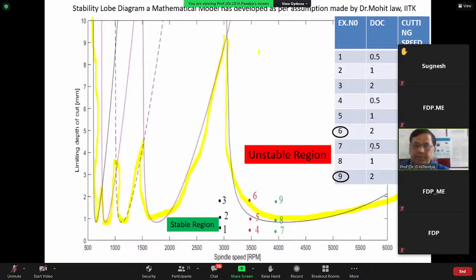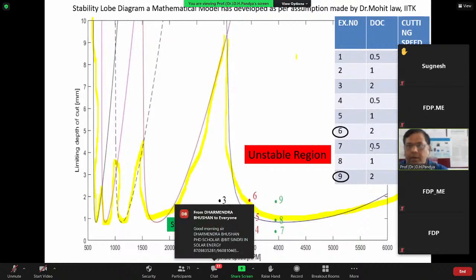As you can see here, the same 9 experiments have been conducted, 1 to 9, with 300, 350, and 400 meters per minute cutting speed mentioned over here. Readings number 6 and 9 are in an unstable region, reading number 8 is a boundary condition, and the rest, 1, 2, 3, 4, 5, and 7, are all in a safe zone. We can say they are acceptable.